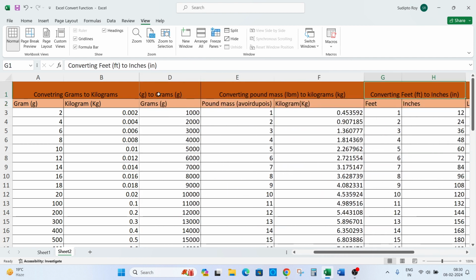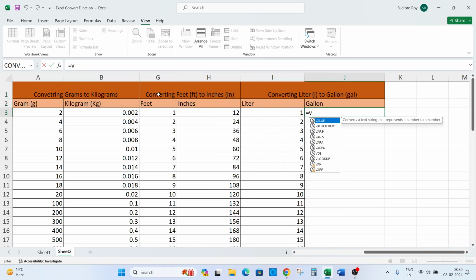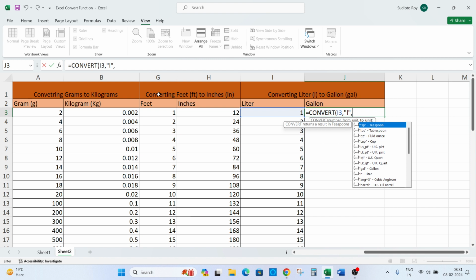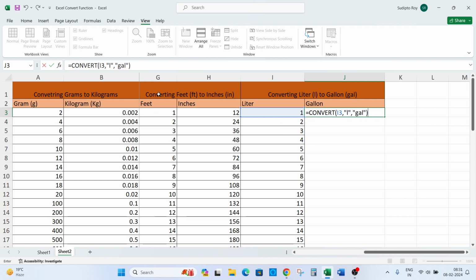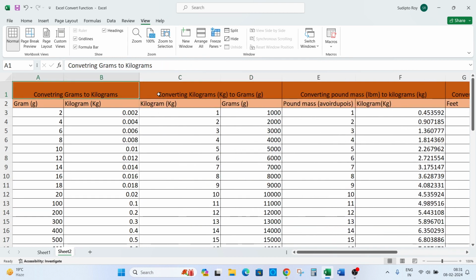Okay, nothing else, "kg" is okay. So we'll use the CONVERT function here. The unit is in "L", liters, and this we are going to convert into gallons, so it will be "gal".